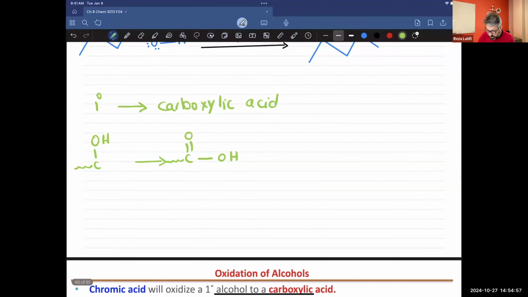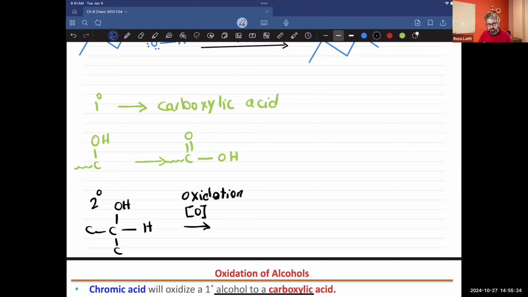And if it is a secondary alcohol, let's say we have a carbon attached to two carbons, and there is an OH here. In this case, we have only one hydrogen. Because I have only one hydrogen, oxidation is going to run through only one step, and O between two brackets means oxidation.